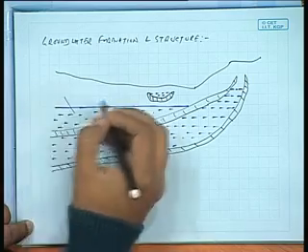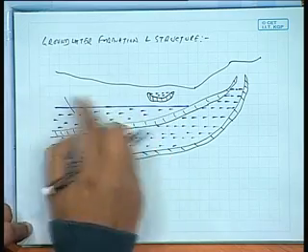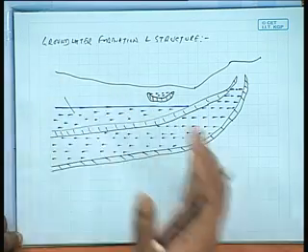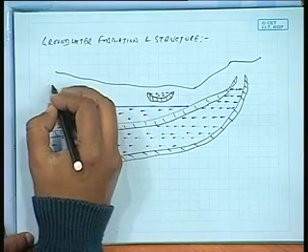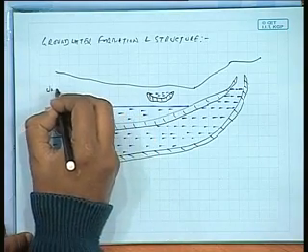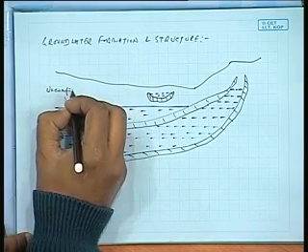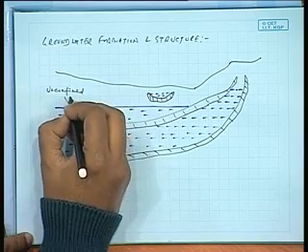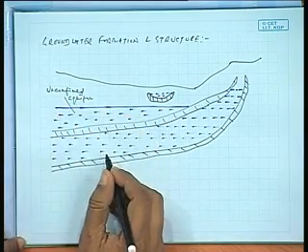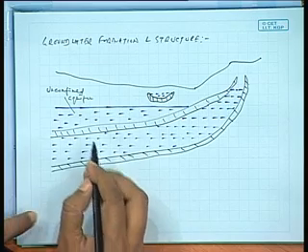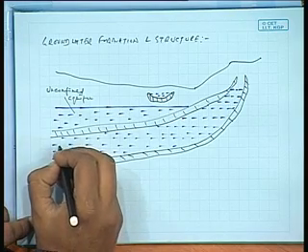There is no confinement; the water can move freely. Wherever the water is connected, it moves freely. So it is called an unconfined aquifer. And this is a confined aquifer.